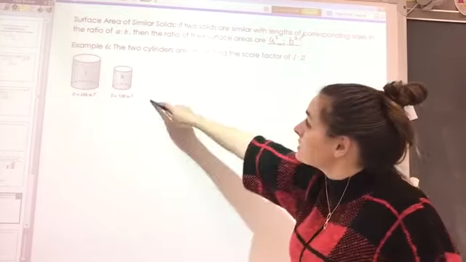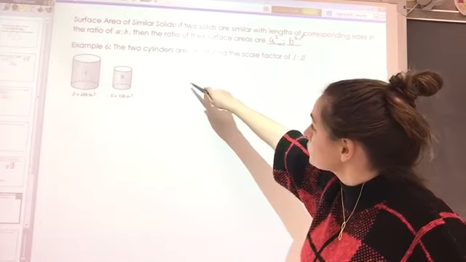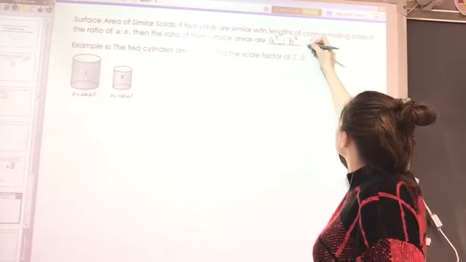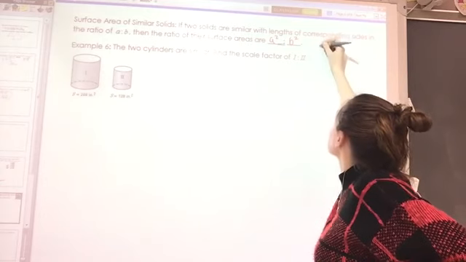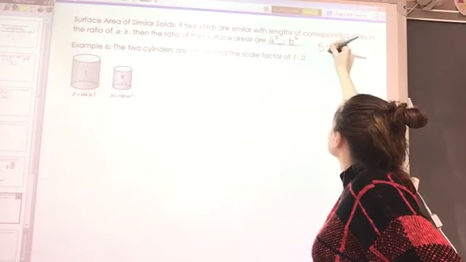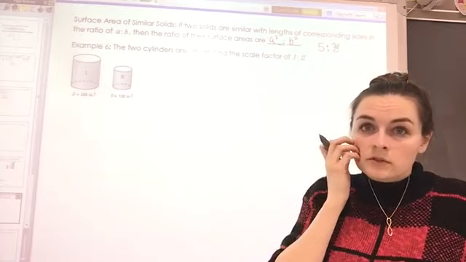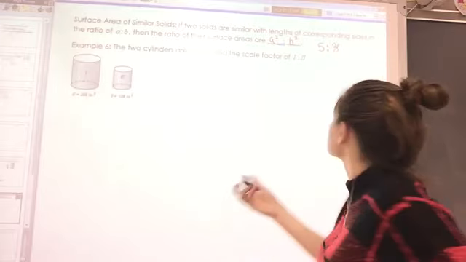So if I have these two cylinders in example 6, actually let me back up for a second. So let's say I have two figures and the scale factor of those sides are 5 to 3. So I have two figures and I want to find their surface area ratios.